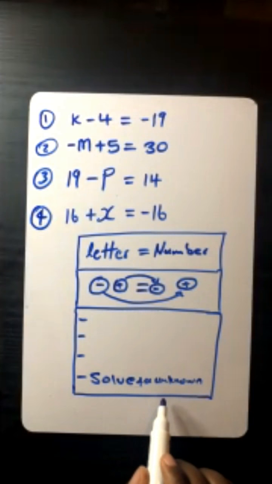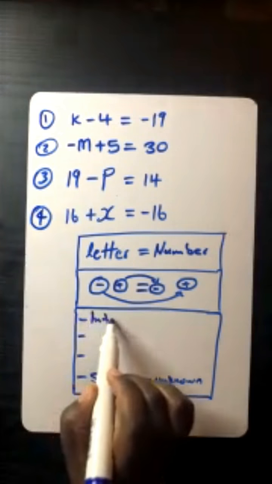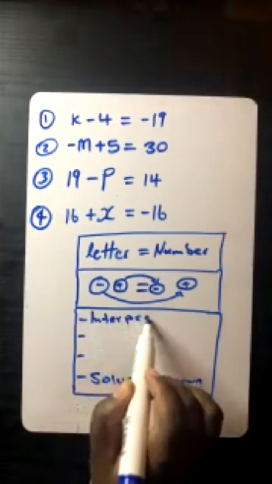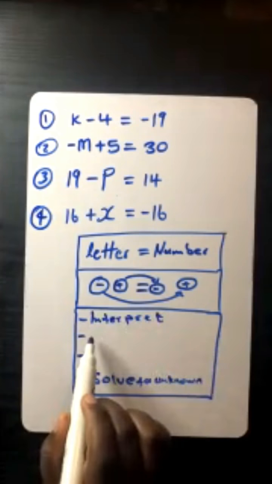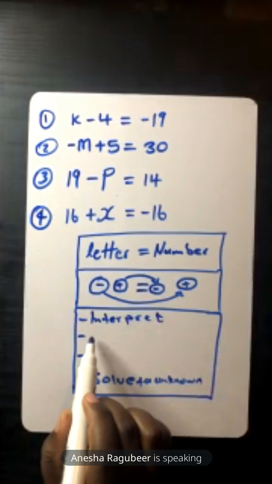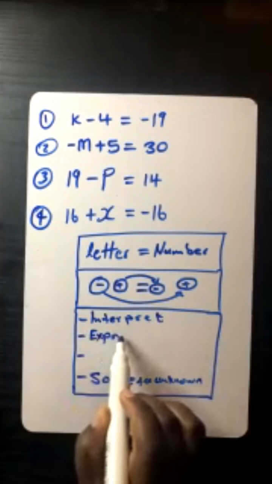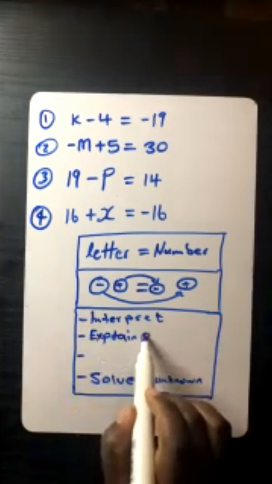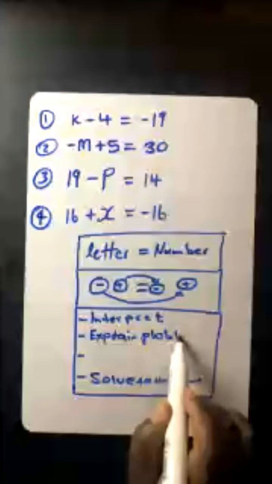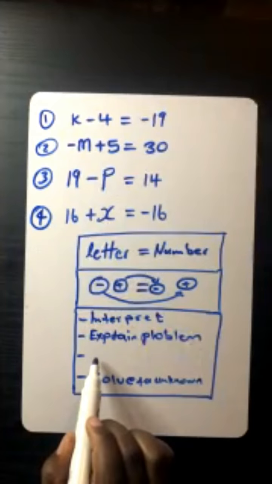So the first one is interpret. Okay, so you interpret. The second one is explain the problem. Oh yes, explain the problem. The third one is solve.